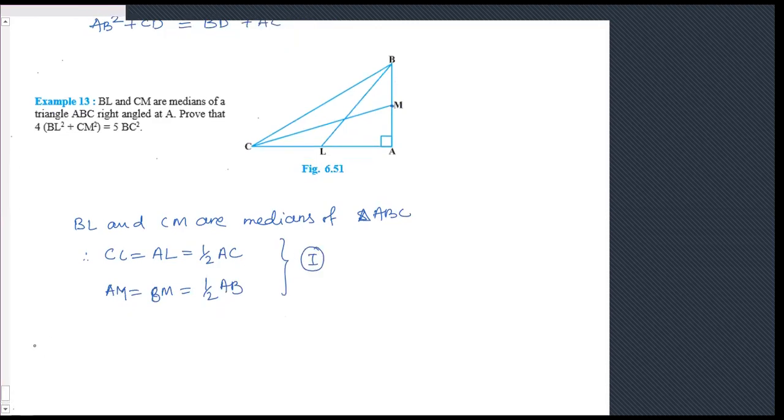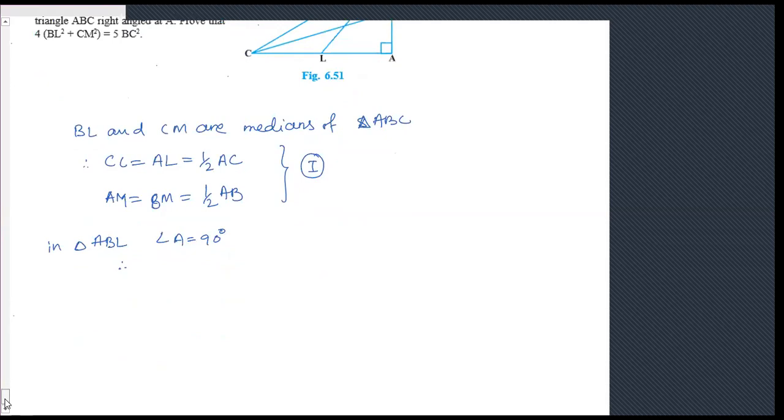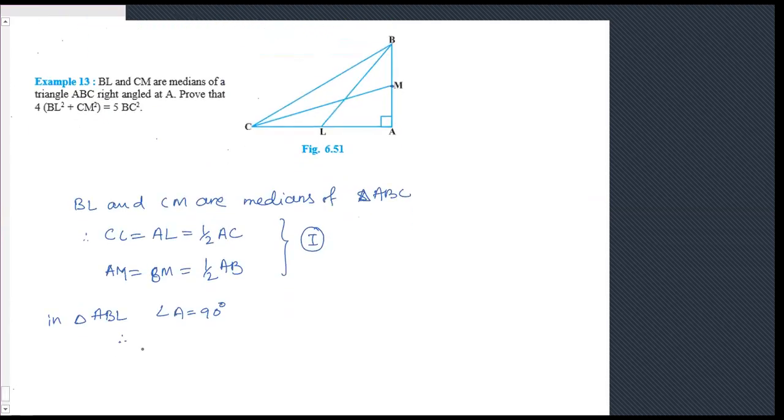Now for the 3 triangles, write the Pythagoras theorem for all of them. So in triangle ABL, angle A is 90. So what can we say about triangle ALB, Pythagoras theorem, can you tell the statement? Yes, ma'am. BL square is equal to BA square plus AL square.